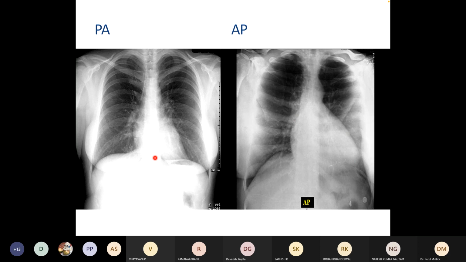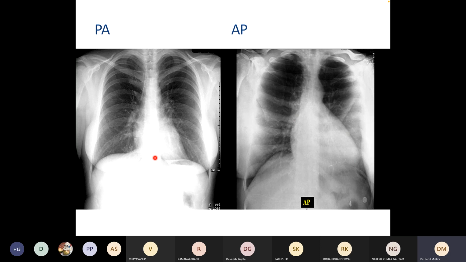Okay? In an AP film the rays travel from a much shorter distance. The difference is about 40 inches for an AP film, or 72 inches for a PA film. Anyhow, basically you have to know that the heart is a bit magnified on an AP film while you get the proper size on a PA film.